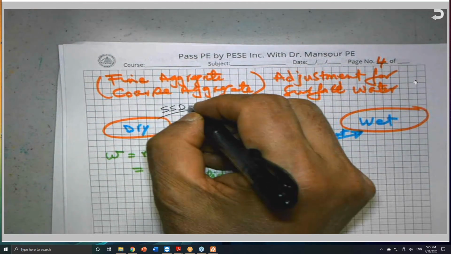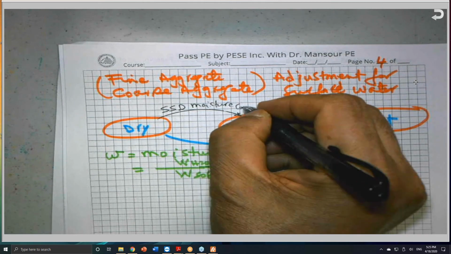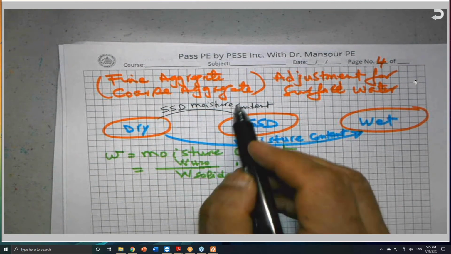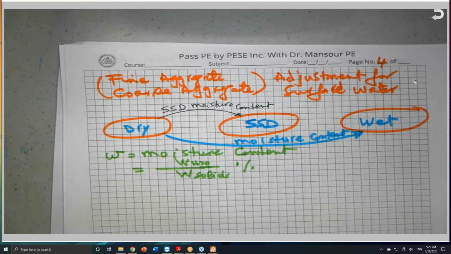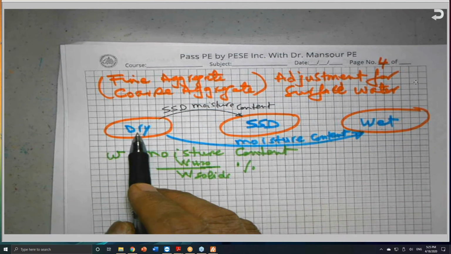The SSD moisture content. The difference between this moisture content and this moisture content is the total moisture content to bring the system from the wet condition to the completely dry condition.